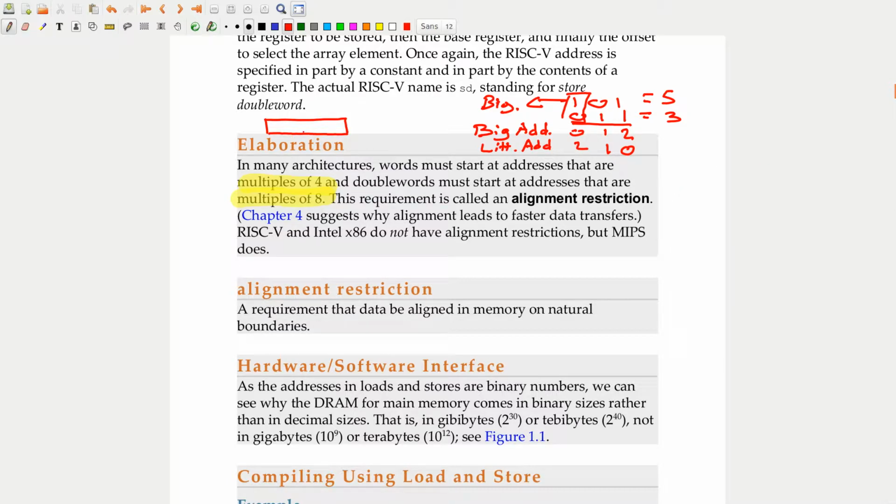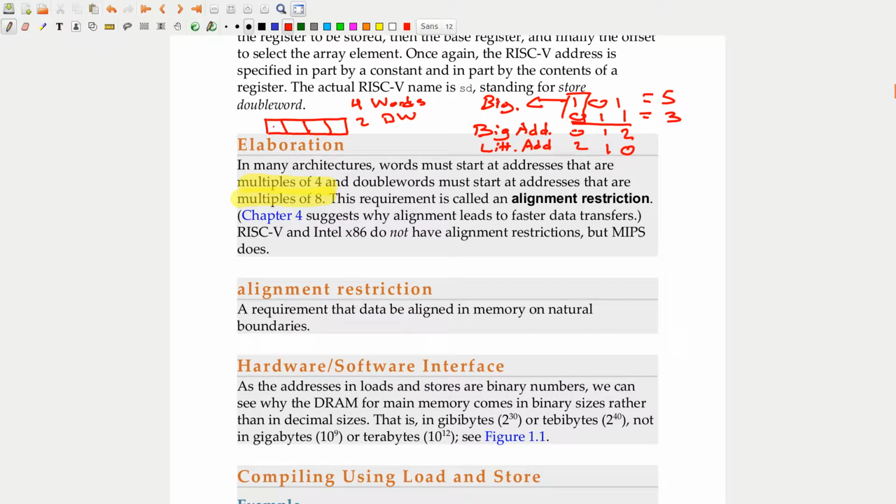Okay, so if we go to this example again, if each of these blocks represents a byte, and each of these is 4 bytes, then we can either store 4 words or 2 double words.